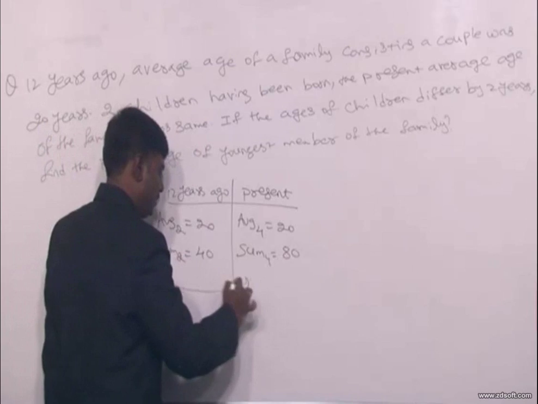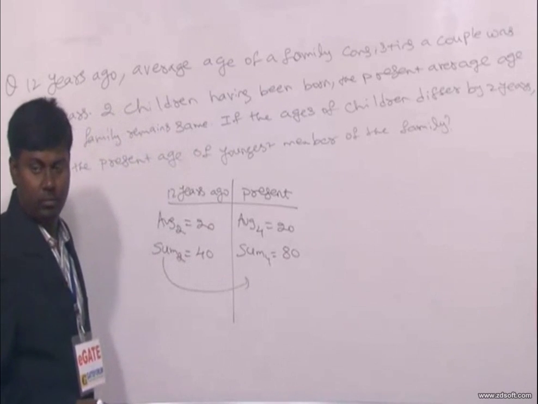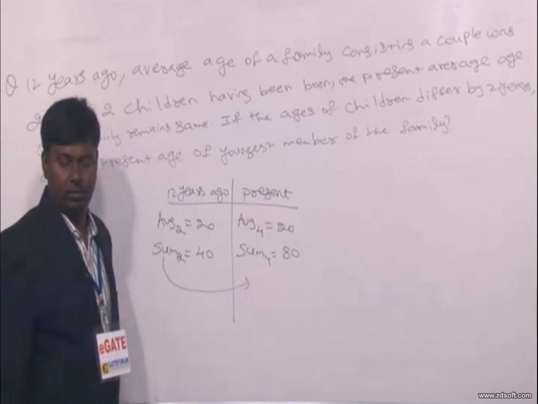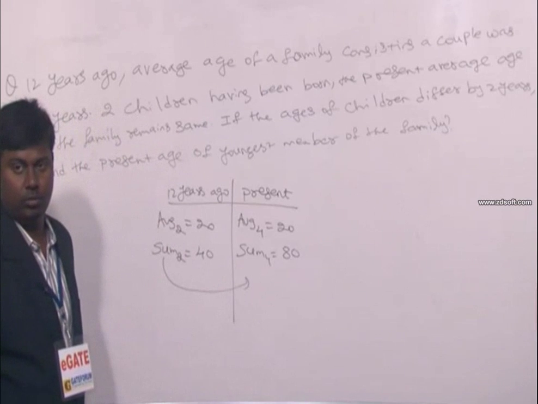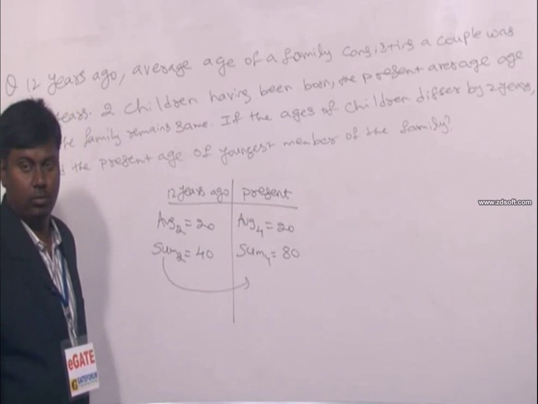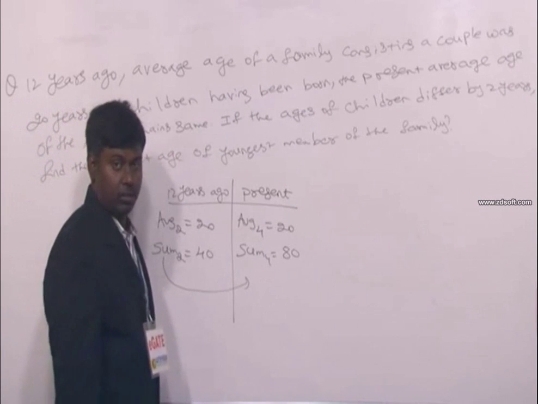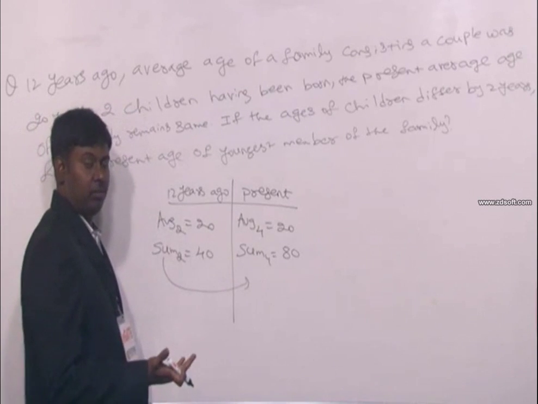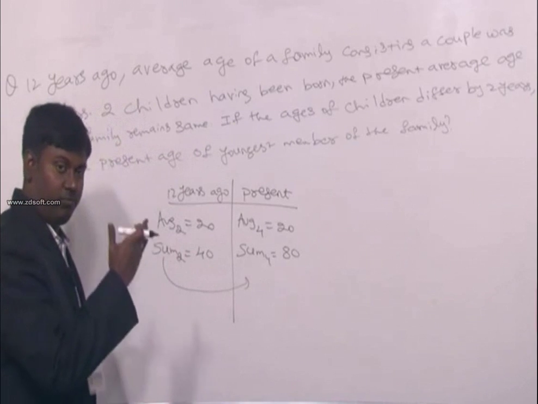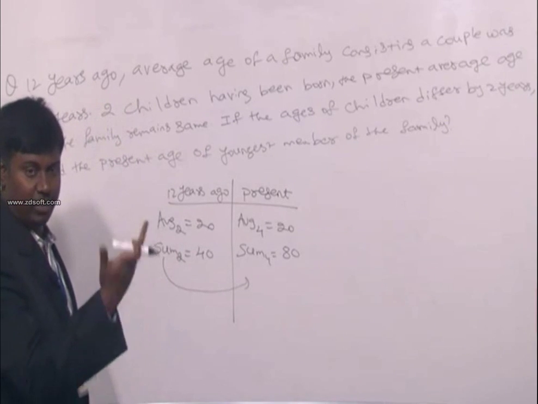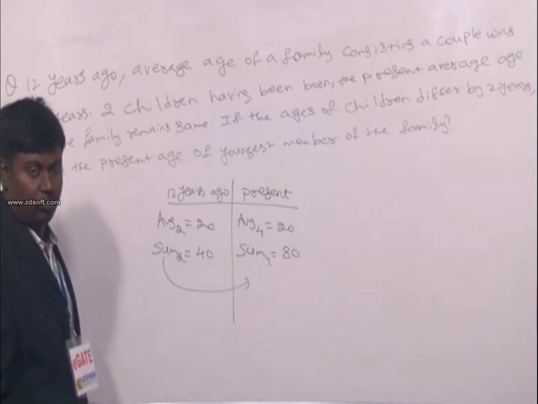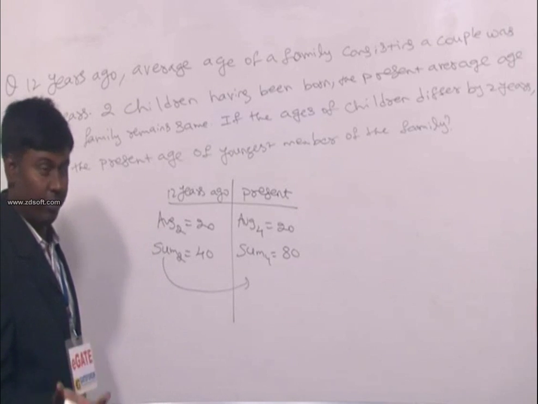Now if you consider the original couple, then the sum was 40. Now it will be how much? Very simple. Father's age would have increased by 12. Mother's age also would have increased by 12 years, right? 12 plus 12, 24.